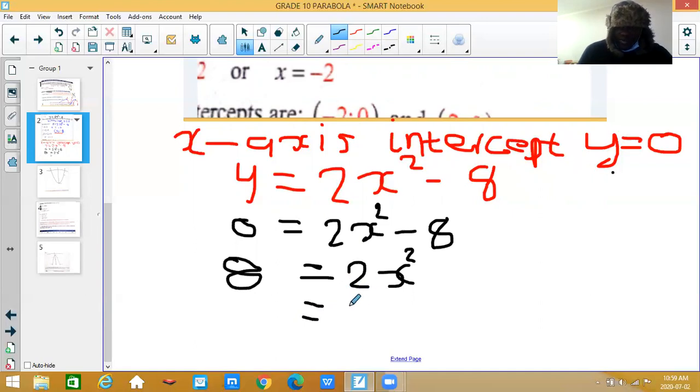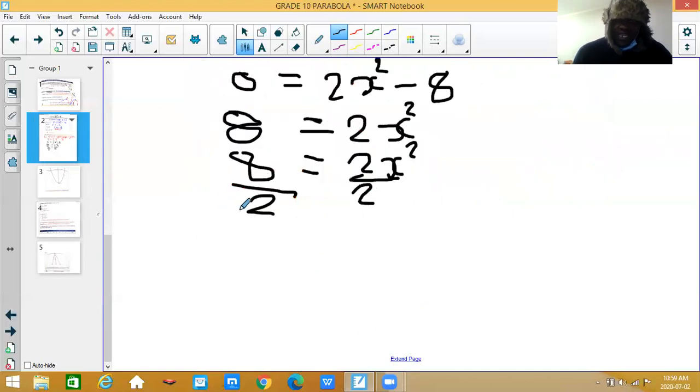What do we get? 2 into 2 is 1. On the right-hand side, now we remain with x squared.